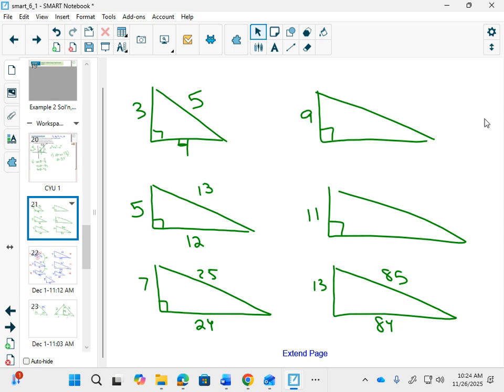What do you think goes with the 9? 40. So you're thinking 40 and 41? You're right. You could check it. 9 squared plus 40 squared is 1,681, and 41 squared happens to be 1,681.